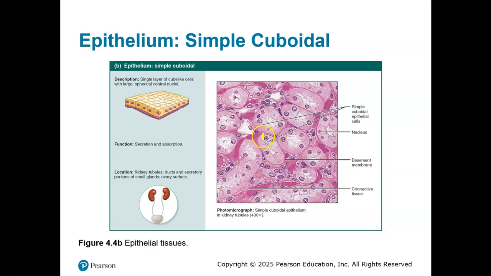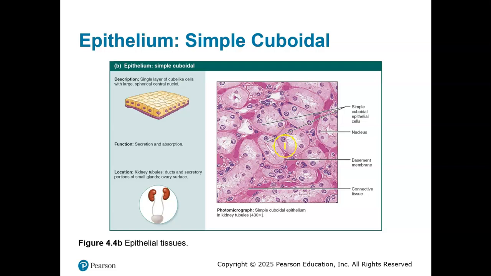But if you can see, this is a cross-section through a tube. The white part inside is like the space in the tube because the tube is kind of flat. It's not opened up. But this is the space in the tube, and then you can see all the cells that form that tube are thicker, a little bit taller than squamous cells, but they're not columnar.